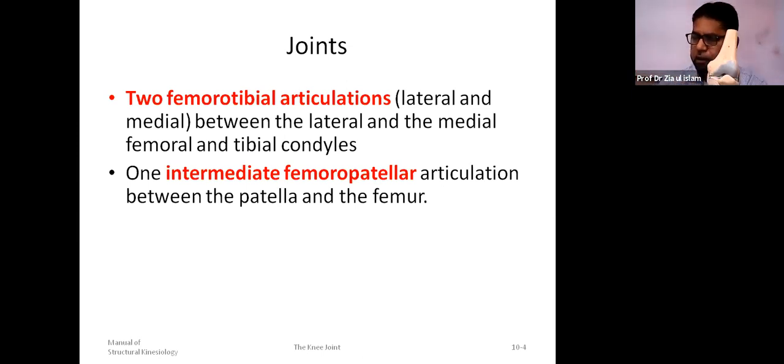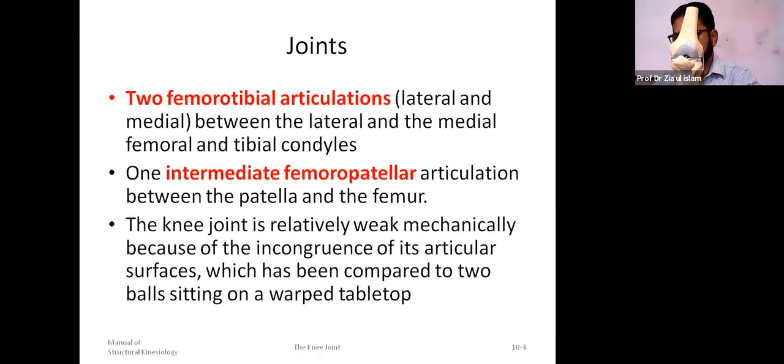एक चौथा भी है, and that is between the fibula and the tibia. That is, एक और बनता है जो कि upper end of fibula with the lateral condyle of the tibia. लेकिन चूंकि इसके अंदर movement as such नहीं होती, ये जो दूसरे joints में होती हैं.